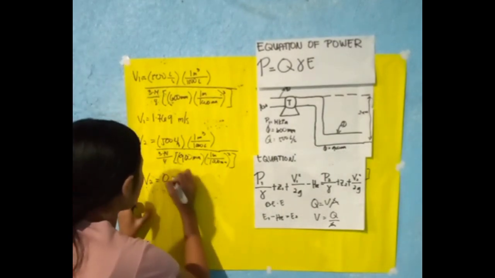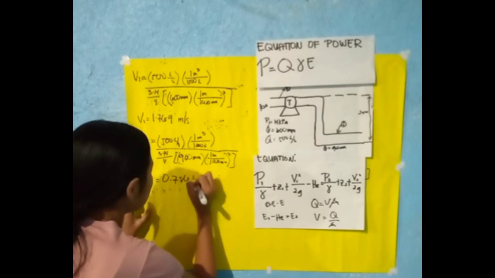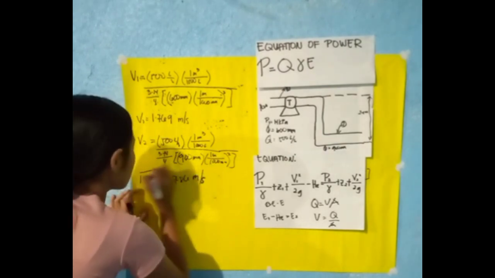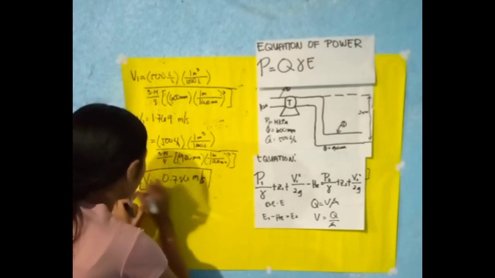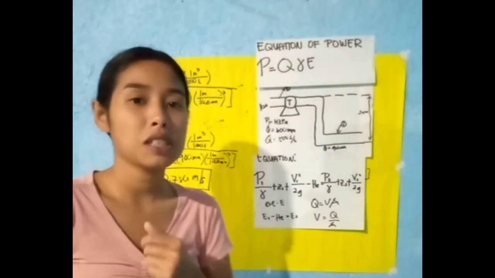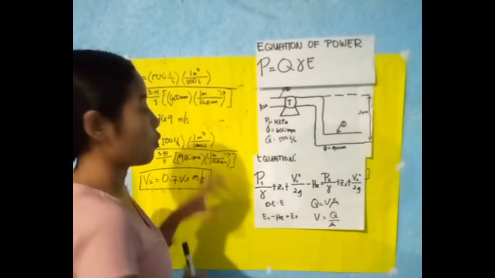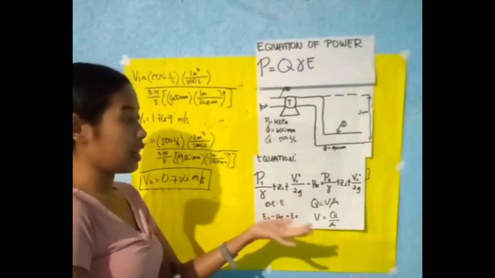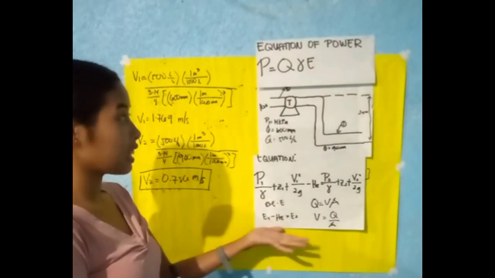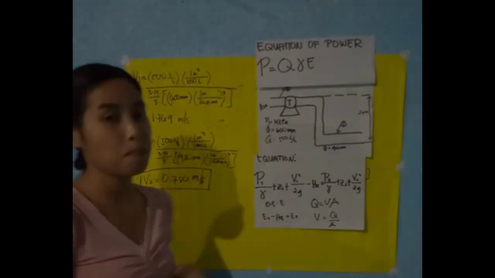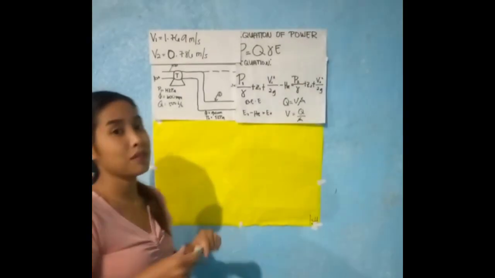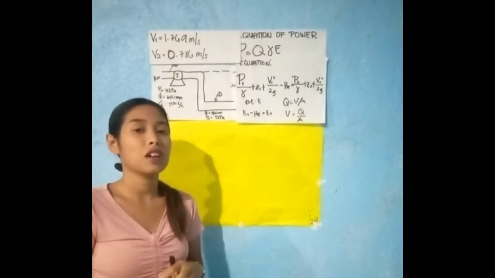0.786 meter per second. So, this is our velocity in point 2. Now, we are going to substitute our given in our equation here in order for us to get the energy head extracted. And after we get that, we can solve now our power. As we can see, we have our value in velocity in point 1 and our velocity in point 2.